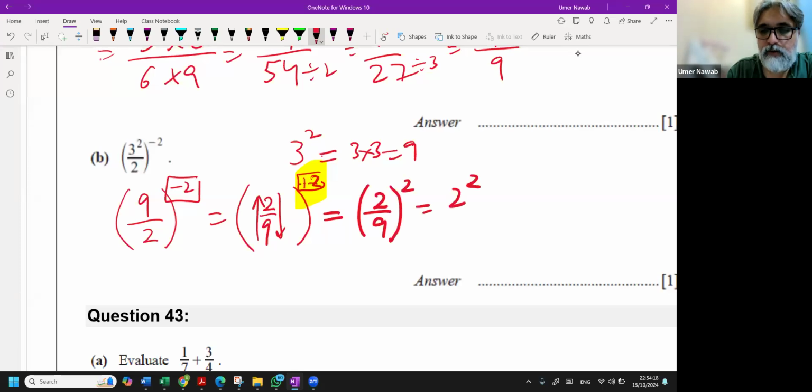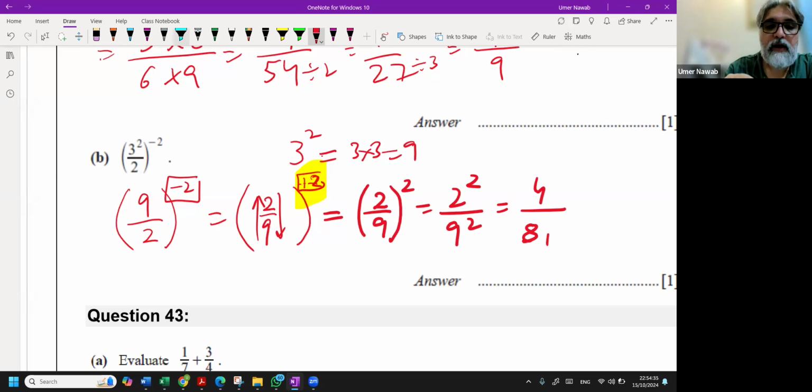So I write 2 squared separate and 9 squared separate, which is 4 over 81. I hope it is clear that a negative power can flip the fraction to change from negative to positive.